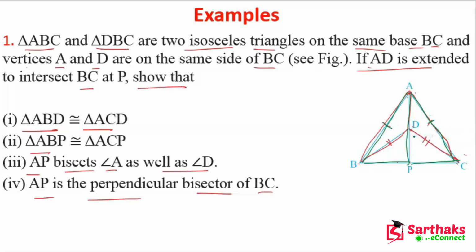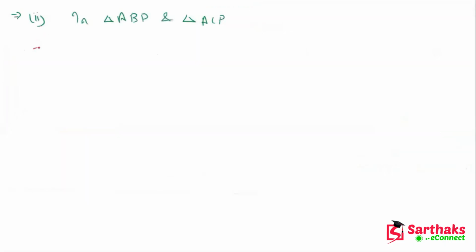And angle PAB is equal to angle PAC by CPCT, because triangle ABD is congruent to triangle ACD. Means we can say this angle and this angle are equal. So we can write AP is equal to AP, this is common.